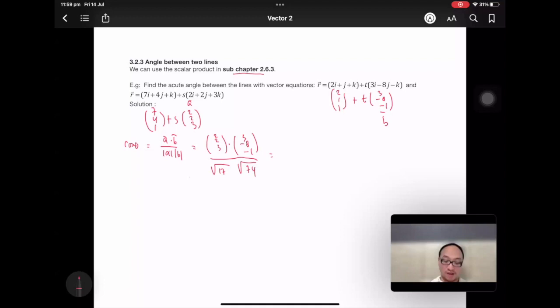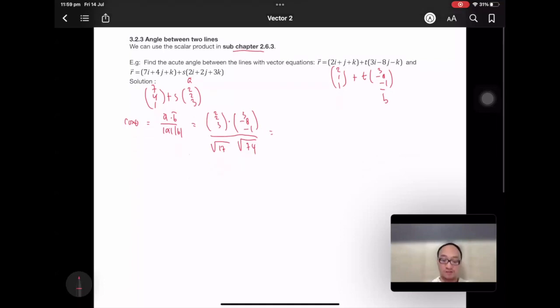So we can calculate: 6 minus 16 minus 3, so negative 13, over square root of 17 times square root of 74. Since the question is asking for the acute angle, we add the absolute value sign here to remove the negative sign.